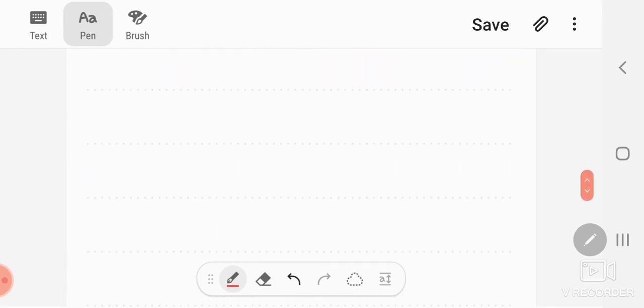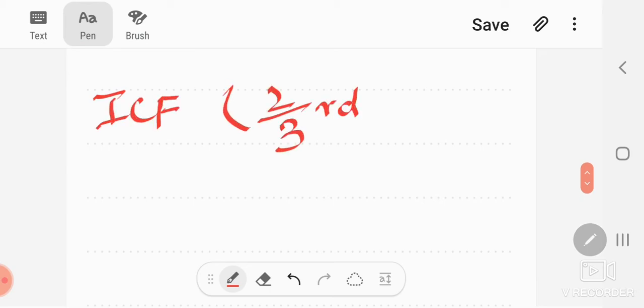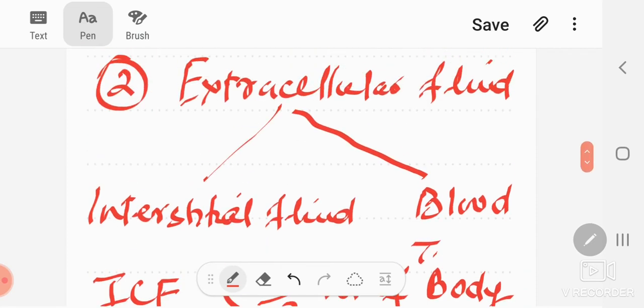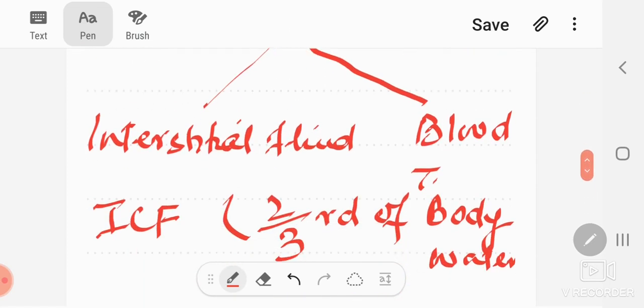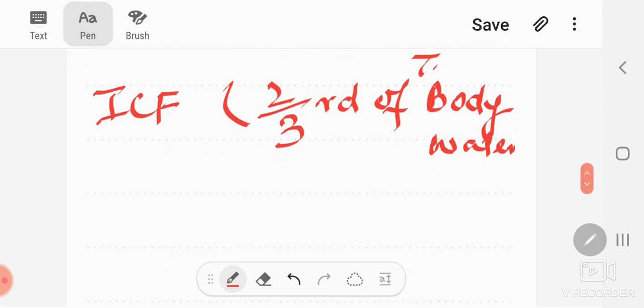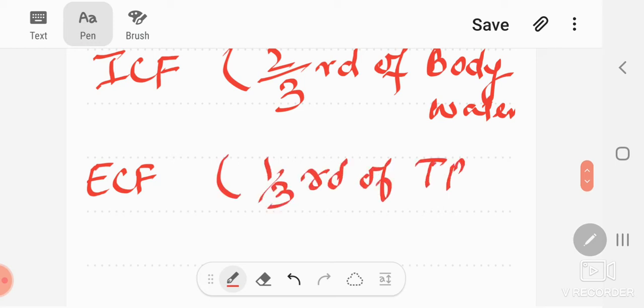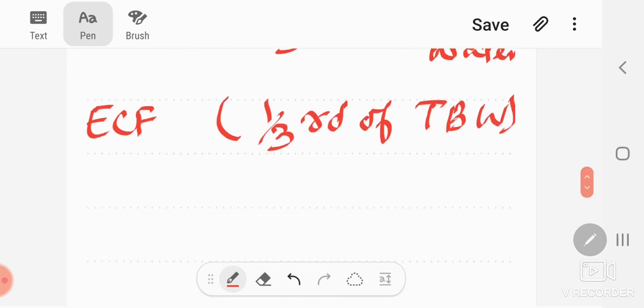So ICF forms about 2/3 of total body water, and ECF forms about 1/3 of total body water.